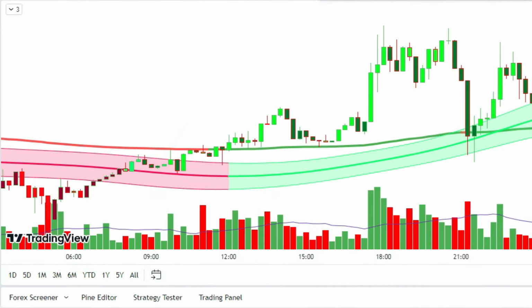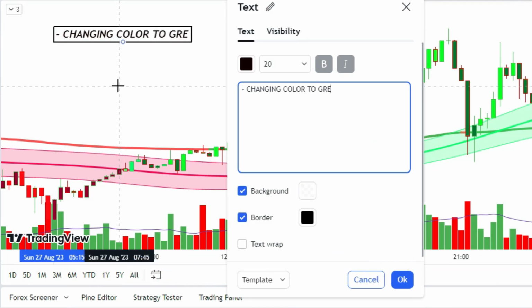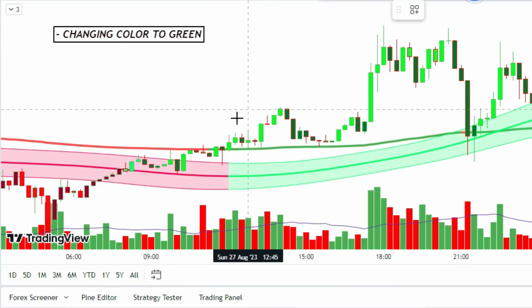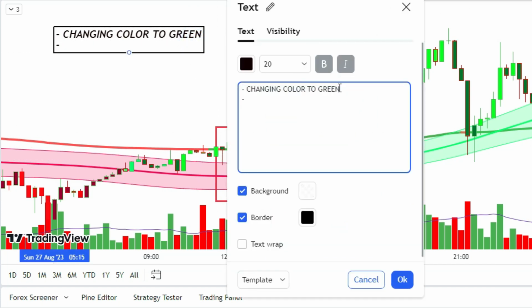So now let's pull it all together. If we want to buy, we first need to wait for the GC indicator's band to turn green from red. Then we need to make sure we're trading up.